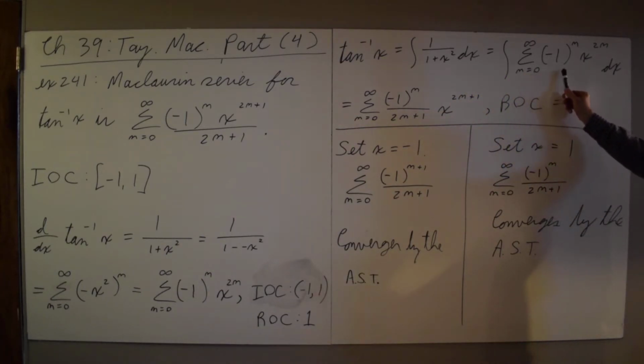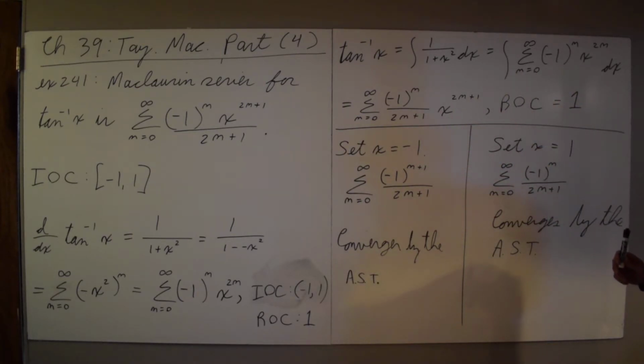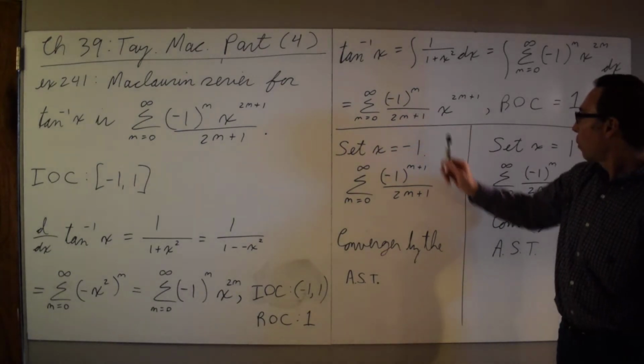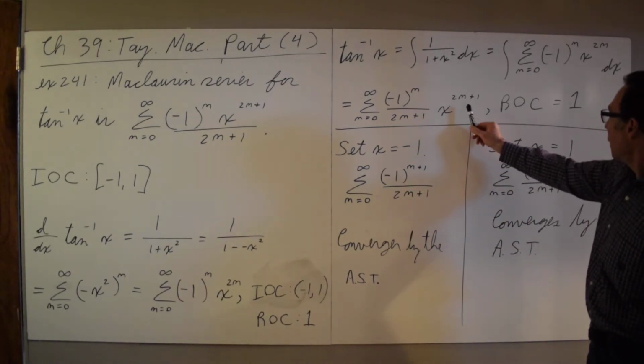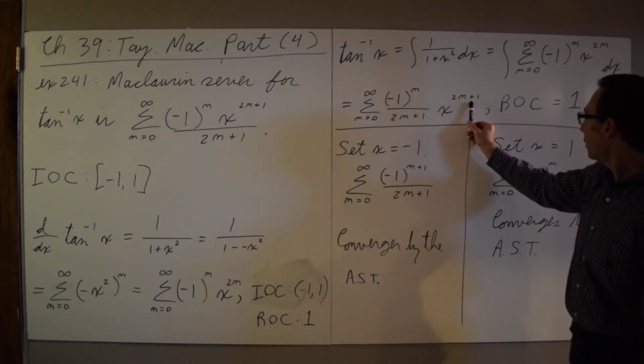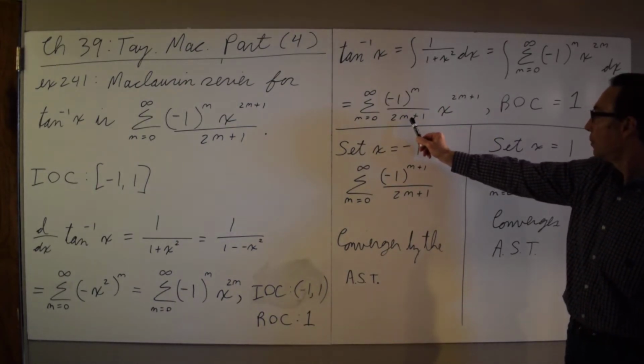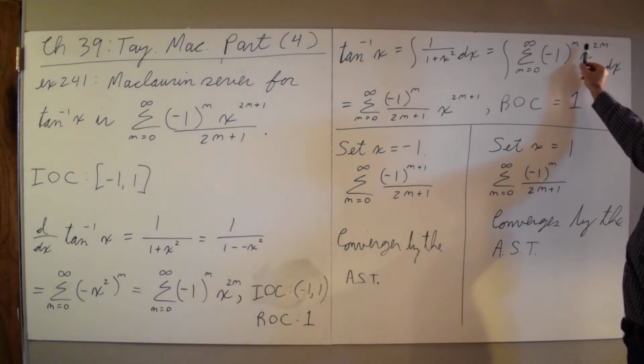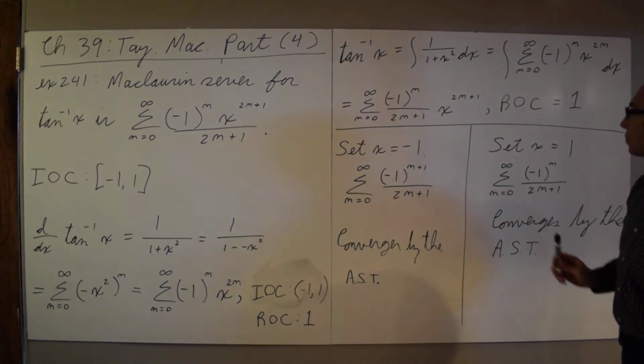So when we want to integrate this, we simply do it by reversing the power rule. So we have our negative 1 to the n, increase the exponent by 1, and divide by this exponent, the 2n plus 1. So we just find the antiderivative of each one of these terms.